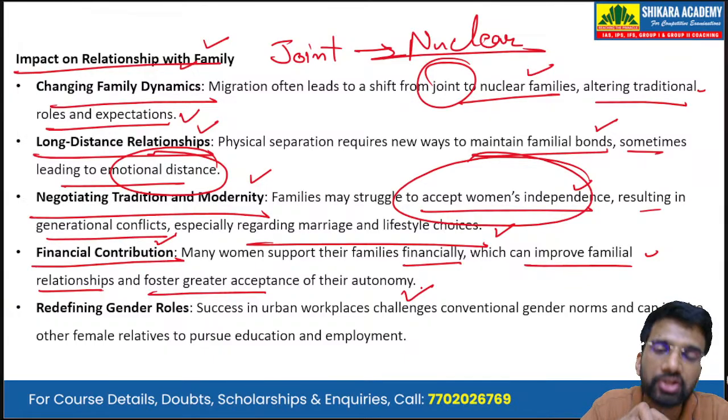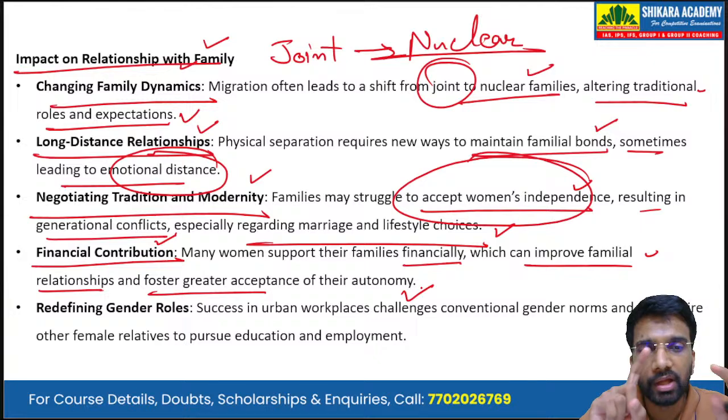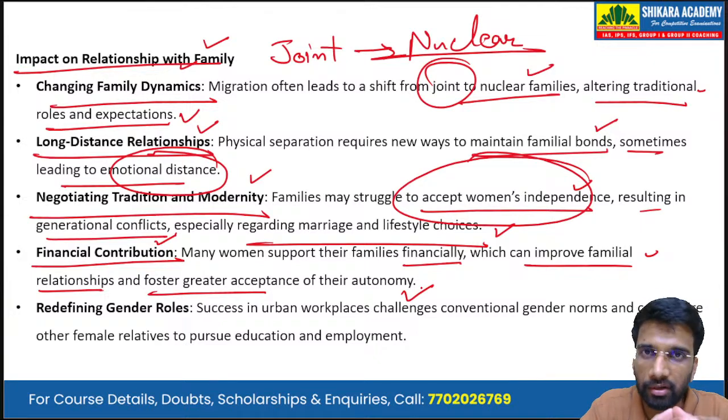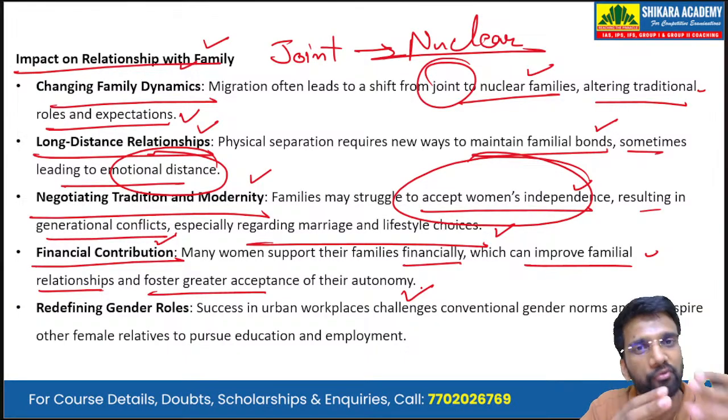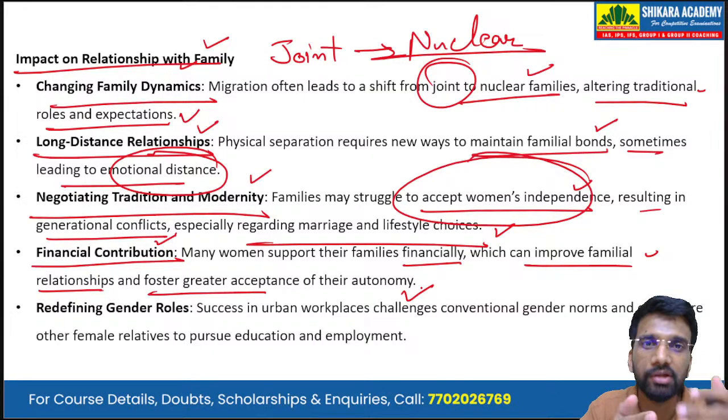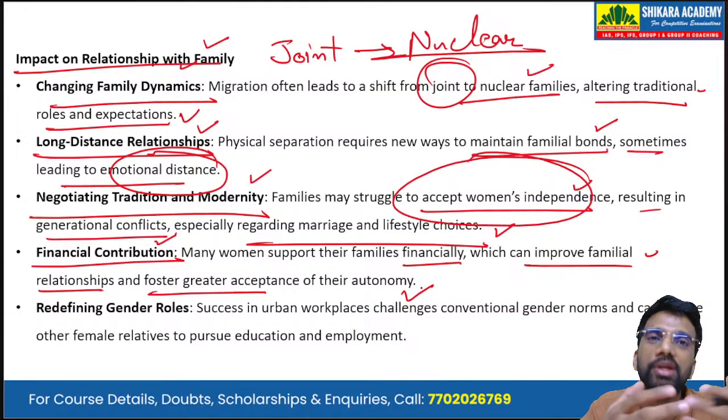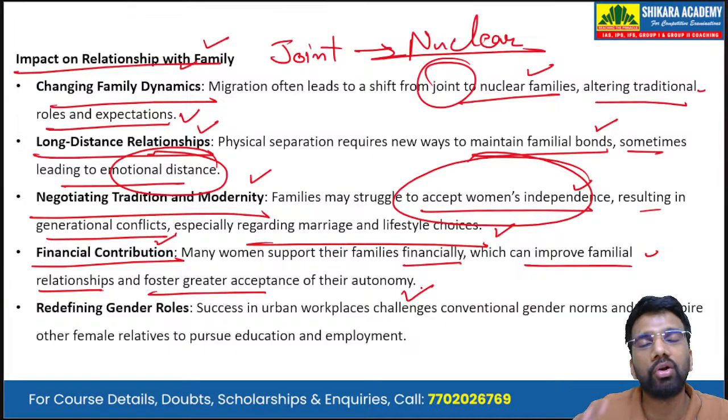Now, this monetary support improves familial relationships because money heals everything, and it fosters greater acceptance of their autonomy. Once the money starts coming, it becomes easier for families to accept the financial autonomy as well as the choices of the girl.